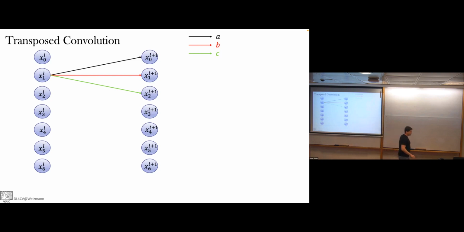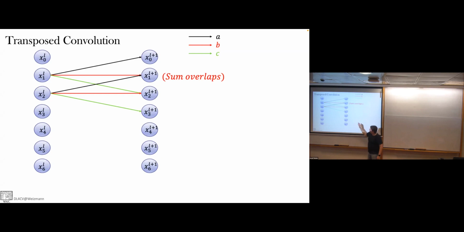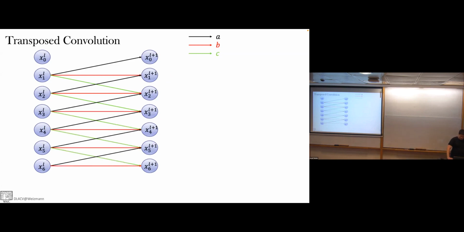And as I keep doing it, the rule is that when there is an overlap, I sum it. So right now, x1 is going to be the sum of a multiplied by x2 plus b multiplied by x1. Okay? And as I keep doing it, I get all of these.